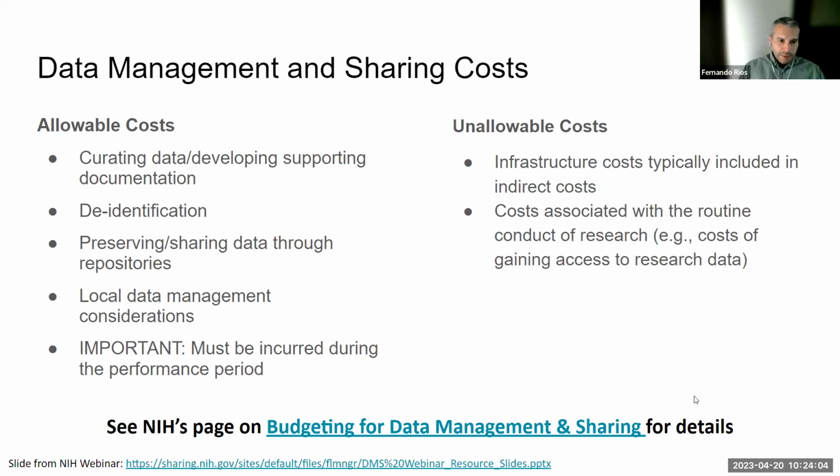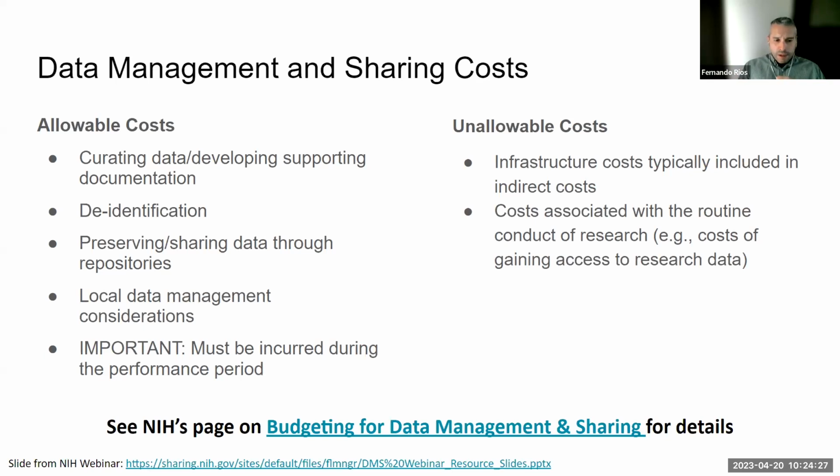So when it comes to data management and sharing costs, the NIH does have a list of allowable and unallowable costs. Allowable costs generally fall into the category of supporting the actual execution of the plan, especially around doing data curation, data sharing, de-identification, that kind of stuff.